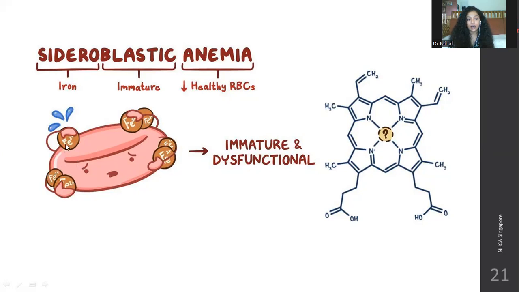So you can see here the RBCs are immature, but they are carrying a lot of iron molecules, overcompensating the iron deficiency. That is the meaning of sideroblastic anemia: immature RBCs holding on to a lot of iron molecules.